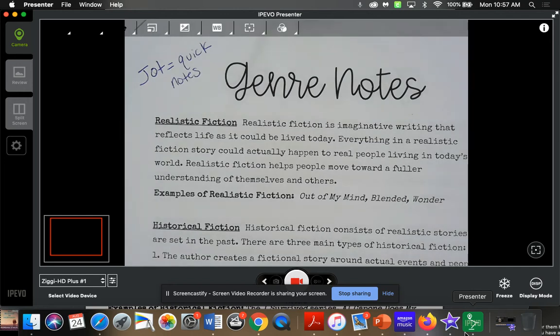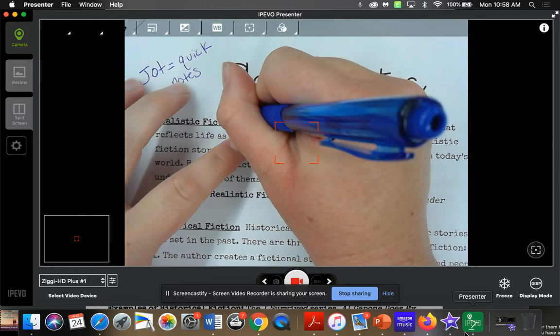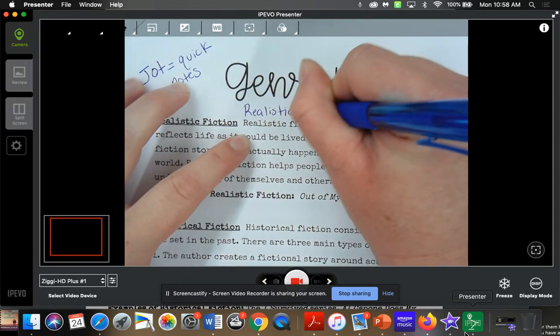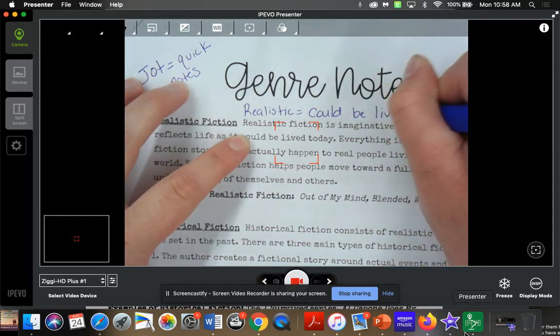Okay, so let's look at the first line. Realistic fiction is imaginative writing that reflects life as it could be lived today. So right there, it's telling us that realistic fiction could be lived today.